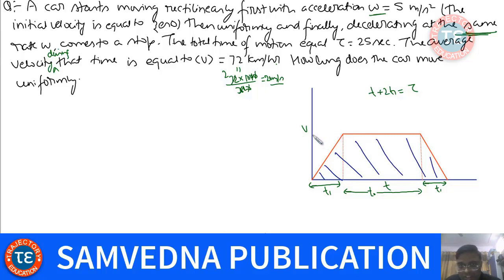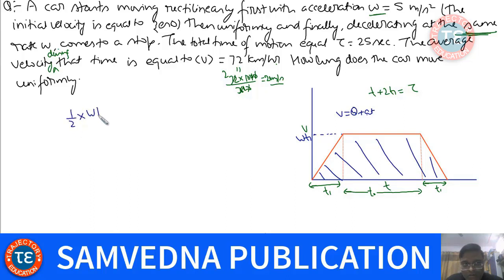So during t1 time, the velocity it will reach is going to be how much? Wt1. You know, v is u plus at, u is 0, a is w, and t is t1, so it will be wt1.